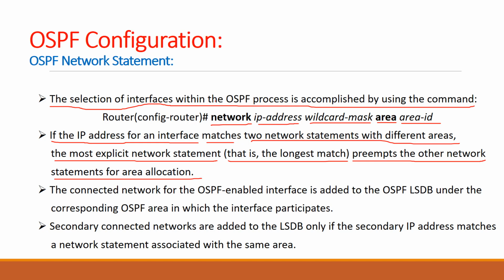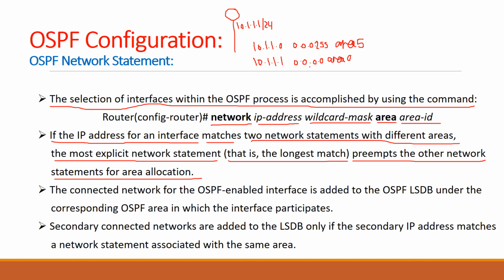What this means is that if the IP address for an interface matches two network statements, for example this router has IP 10.1.1.1/24 and the network statement is 10.1.1.0 with wildcard mask 0.0.0.255, and by the way this is for example in area 5, and the other network statement is 10.1.1.0 0.0.0.0 and in area 0.